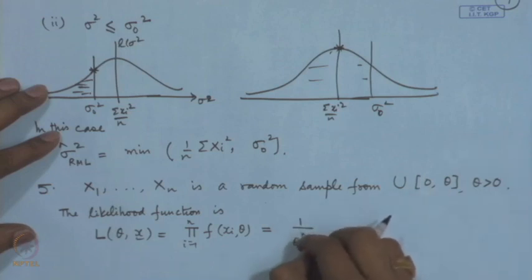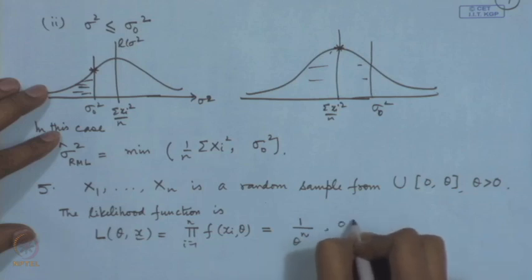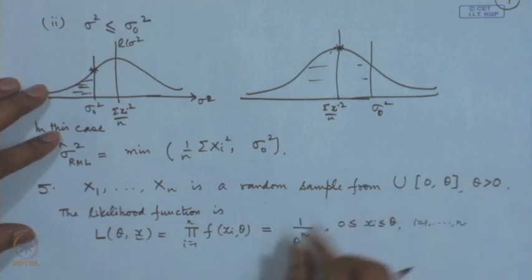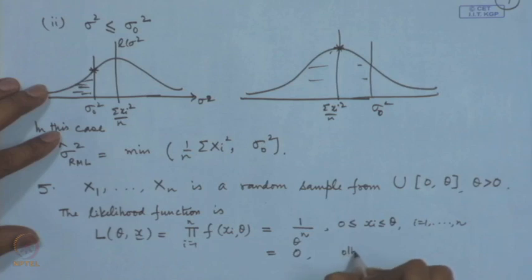So, it will become 1 by theta to the power n, but at the same time let us not forget that each of the x i's lies between 0 and theta, for i equal to 1 to n. We should also write that it is 0 at other places.